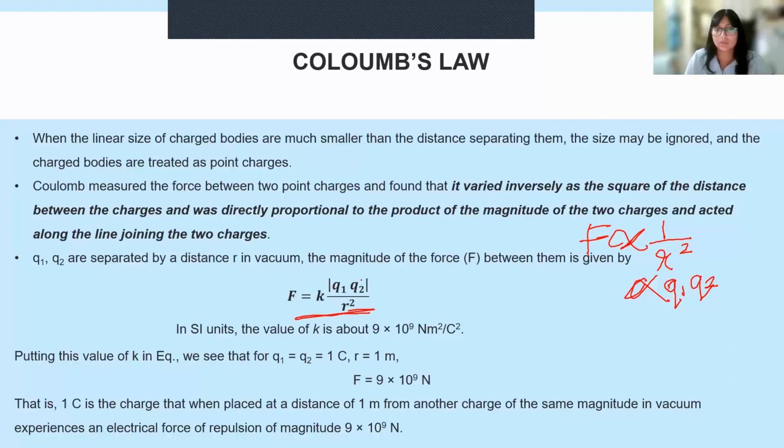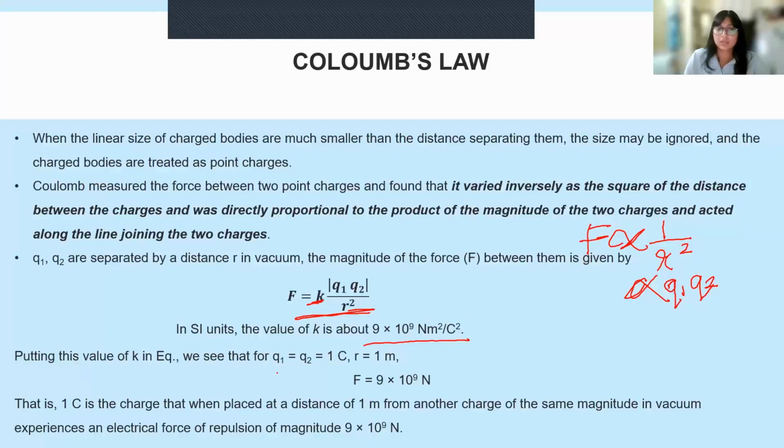We are taking the magnitude, so we are not going to consider the sign right now. So under mod we have q1 into q2 upon r square. In SI units, the value of this constant of proportionality k is 9 into 10 raised to 9 newton meter square per coulomb square.